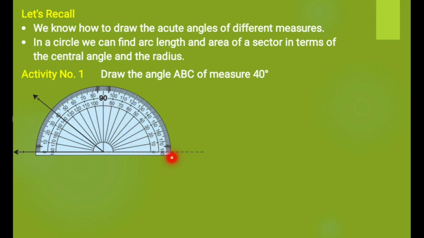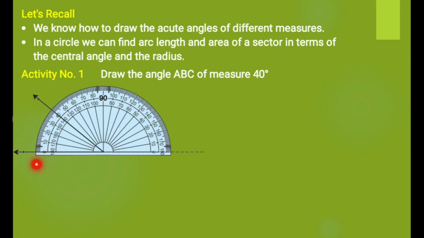We can measure from left to right or from right to left. When we measure from left to right, that is clockwise, and when we measure from right to left, that is anti-clockwise. With the help of that we can write the angle as positive or negative.